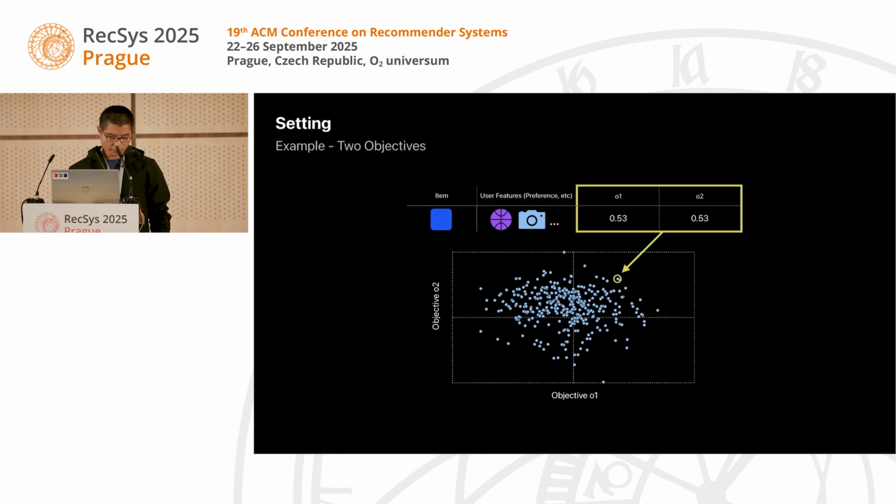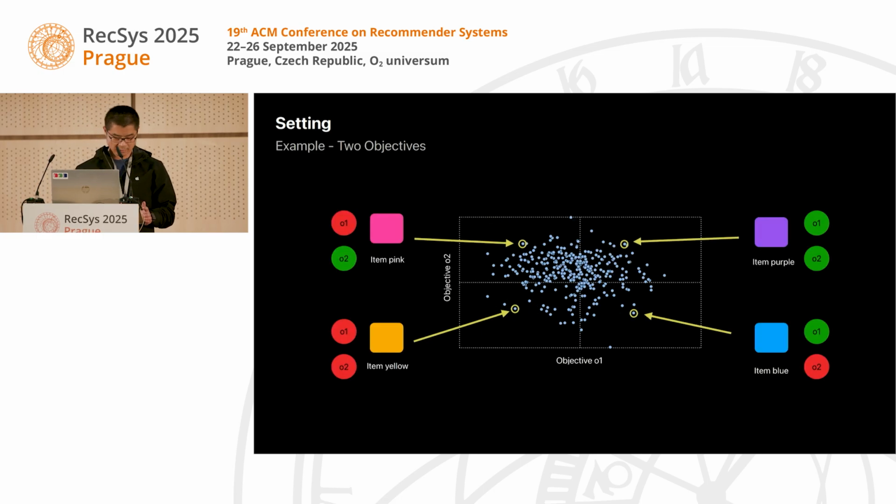Once normalized, we can visualize each item as a point in a multi-objective space. Extending this, we can plot our entire catalog of items as a cloud of points. Each point represents a unique trade-off between the objectives O1 and O2. Our goal is to find the best items within this complex landscape.